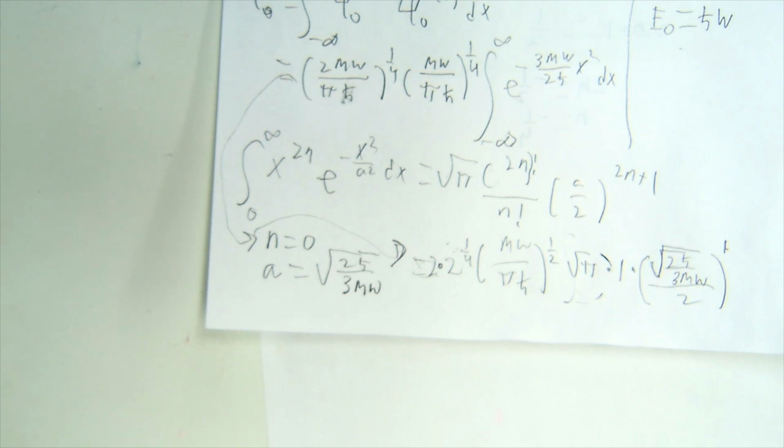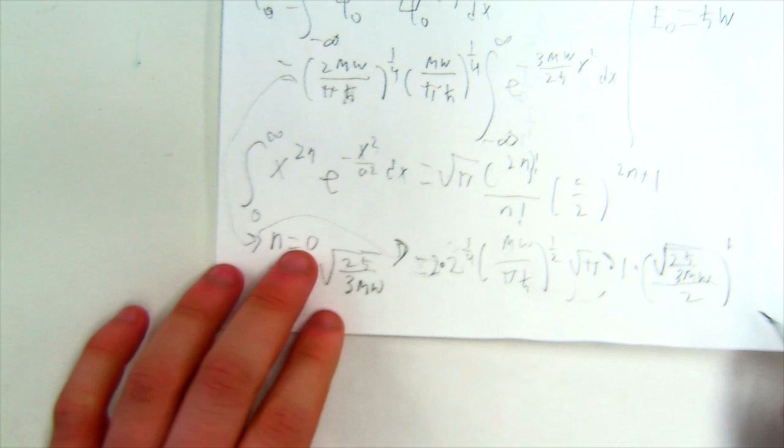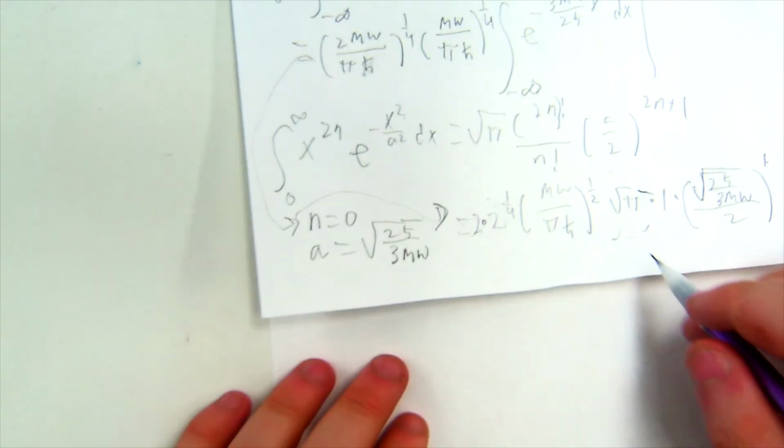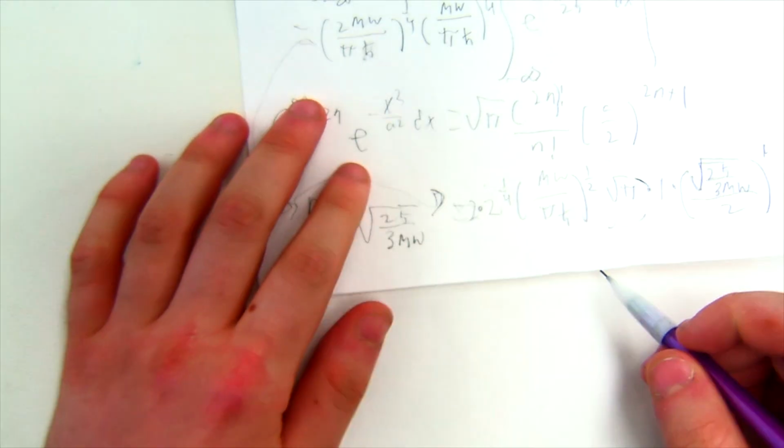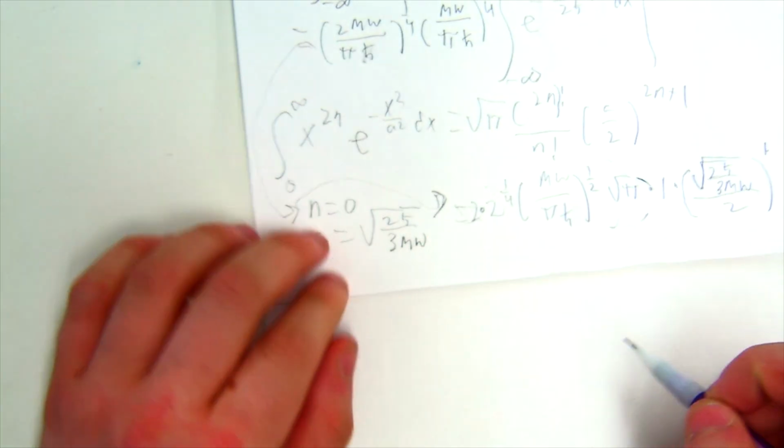Since it's twice the integral from 0 to infinity, we can use this formula with our a and n, meaning that this will be the square root of pi times 0 factorial, which is 1, over 1, so that's just 1, times a over 2, where a is the square root of 2 h bar over 3 m omega, over 2, all to the 1.